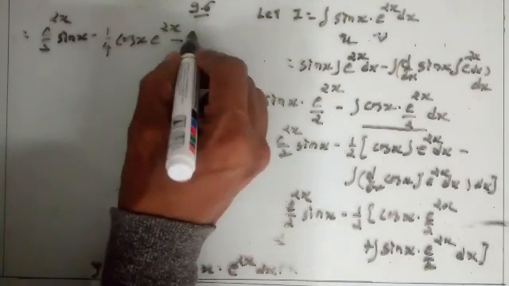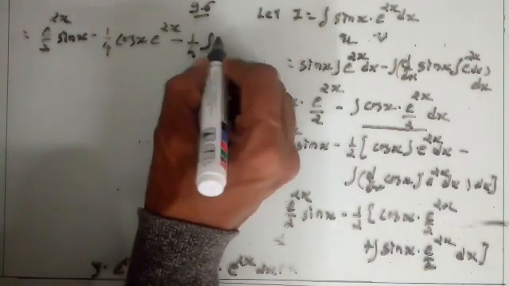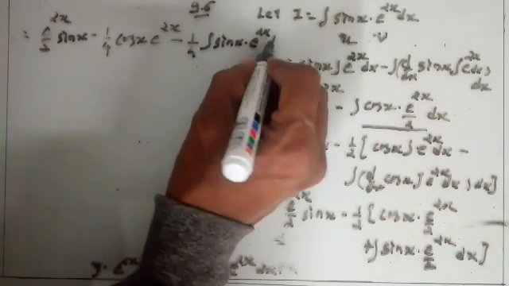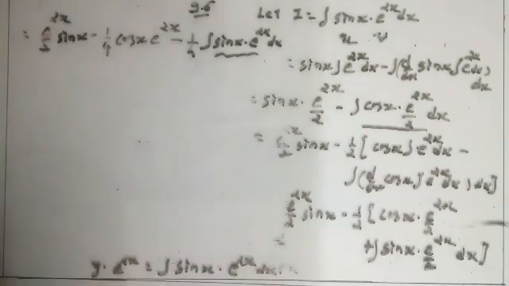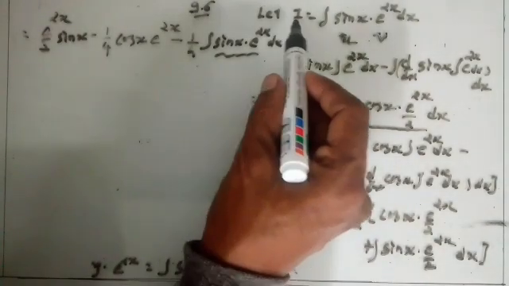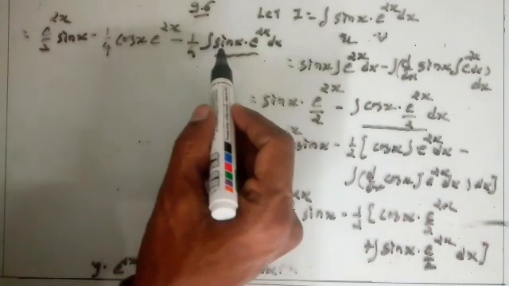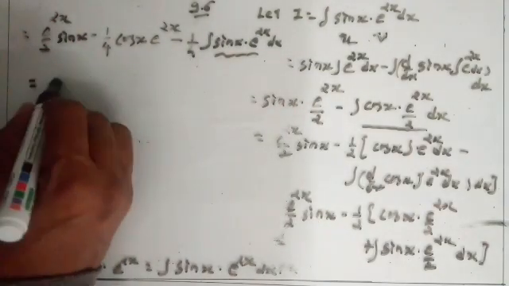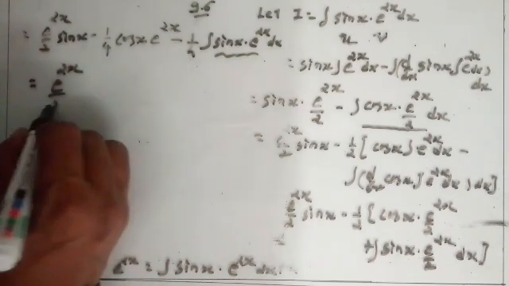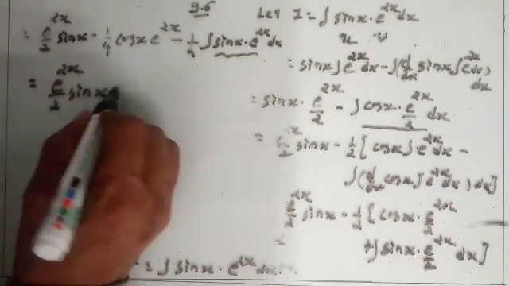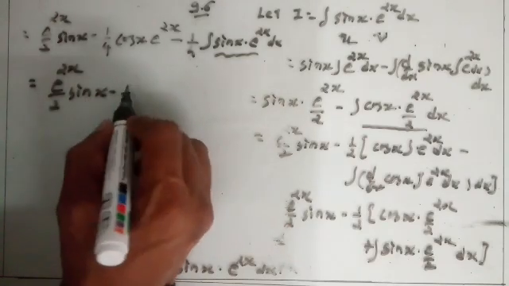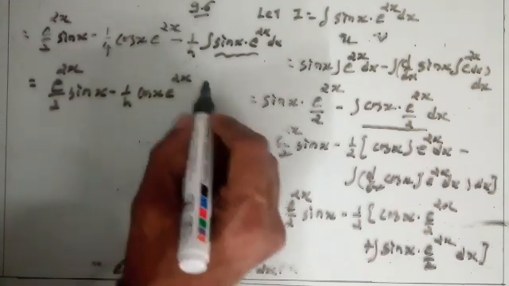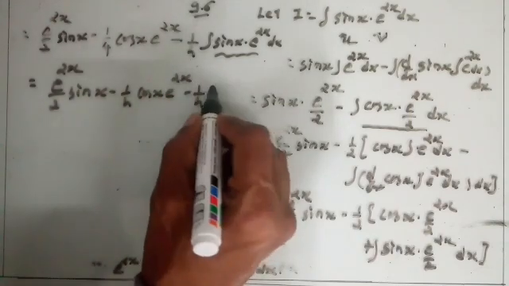So this becomes minus 1 upon 4 integration sin x into e raised to 2x dx. But this integration, we know that I, sin x e raised to 2x dx, is equal to I. So replace this term by I. Here we get e raised to 2x upon 2 sin x minus 1 upon 4 cos x into e raised to 2x minus 1 upon 4 into I.